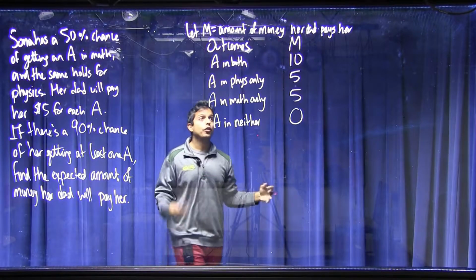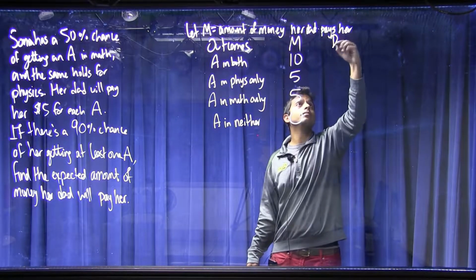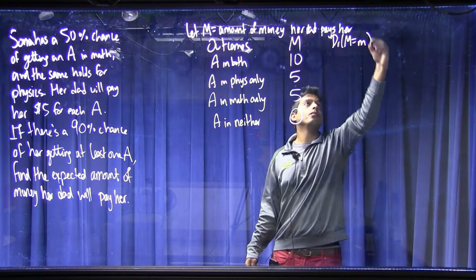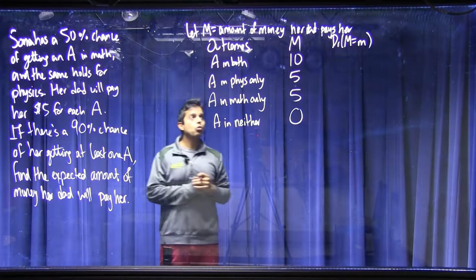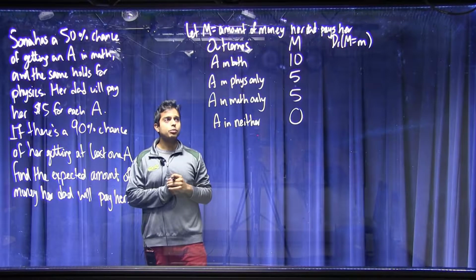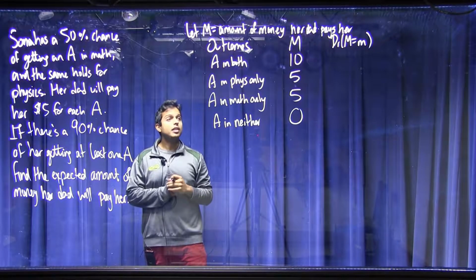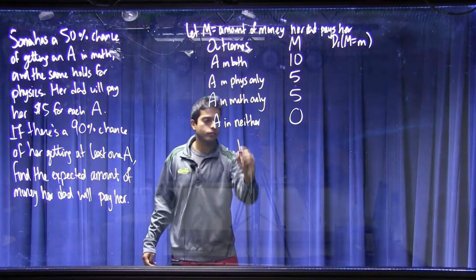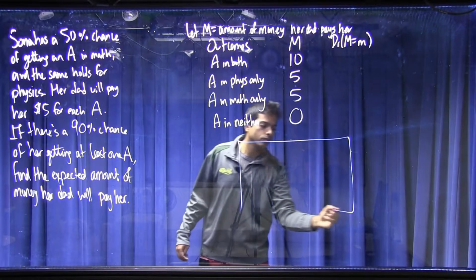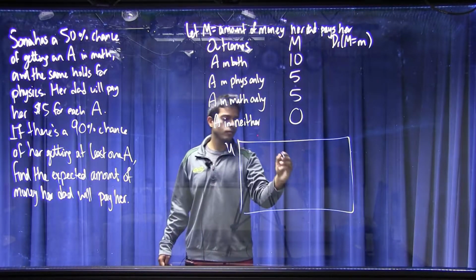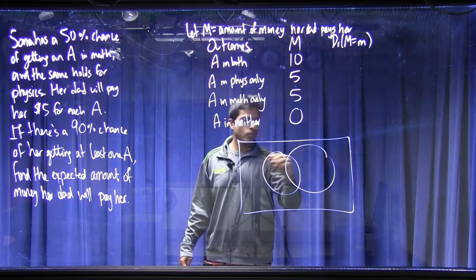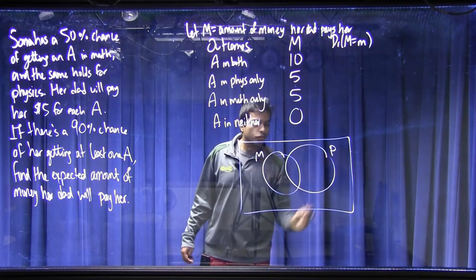Alright, the next thing we need to do is figure out the probabilities. Okay, so let's figure out these probabilities by making a Venn diagram. So we have 2 sets.